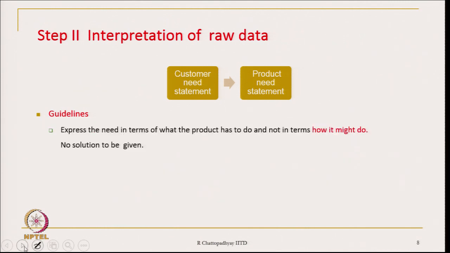The guidelines are: express the need in terms of what the product has to do and not in terms of how it might do it. This is what we have to keep in mind. That is, in the statement, a solution should not come. The solution part should be left to the designer. The product need statement should not have any solution given there.